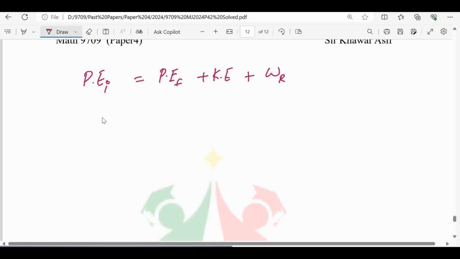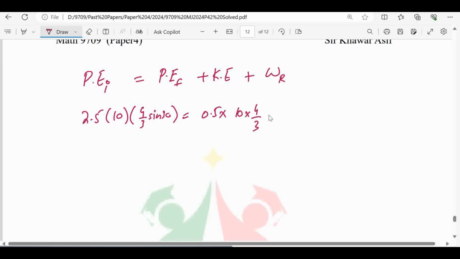So we can simplify it as, we know that initial 2.5 mv square. So mgh, where h was x into 4 by 3 sine of 30, is equal to, initially it was mg, 0.5 into 10 into x.